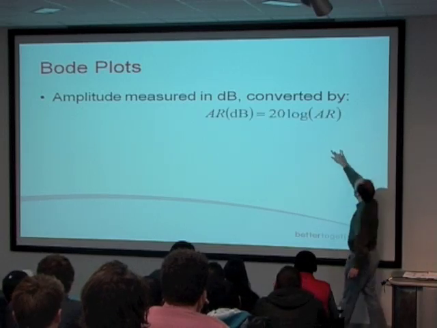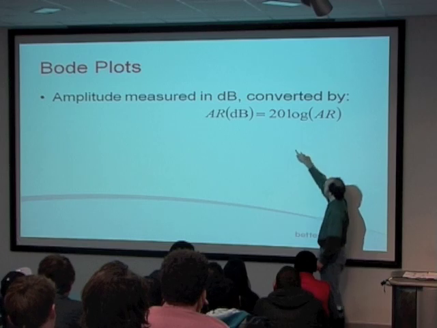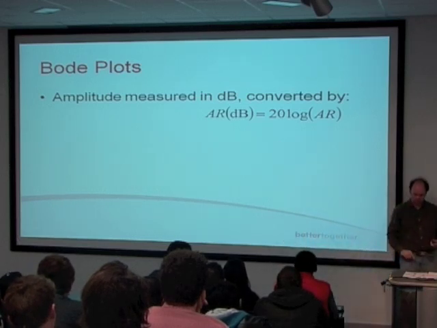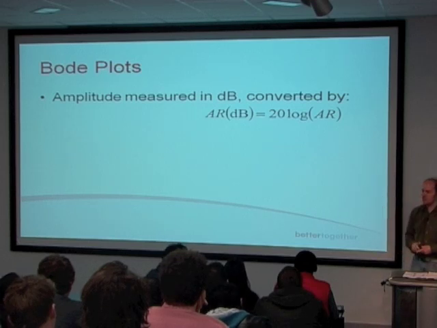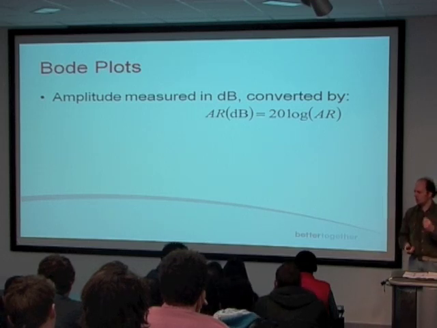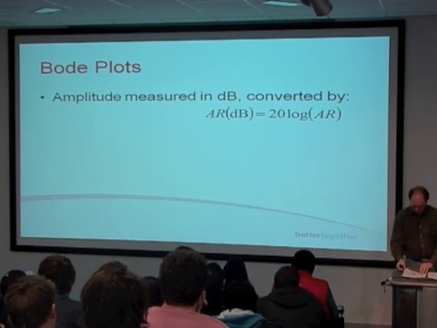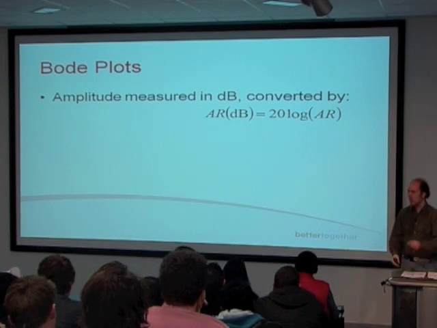You multiply it by 20 log amplitude ratio, 20 log times the amplitude ratio, to get the amplitude ratio in decibels. And logarithms are helpful because curves can be represented as straight lines, and then when you're multiplying things together, you can just add them.